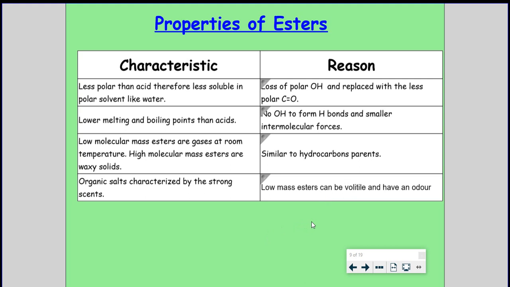Now, these scents we're going to do a lab on. We're going to do an ester lab, and we're going to synthesize our own scents, our own esters, and we'll see that those that have lower molecular weights are a little harder to detect because they're more volatile, and if we don't do it properly and carefully, they will escape into the air, into the atmosphere, and we won't be able to identify it by its scent as easily. More on that when we do our lab.